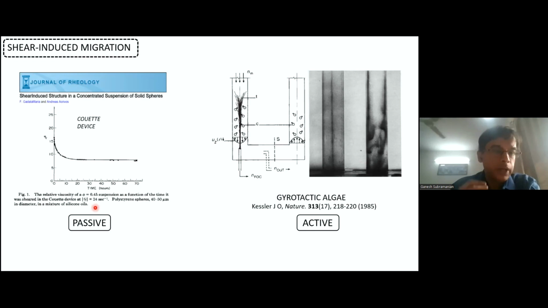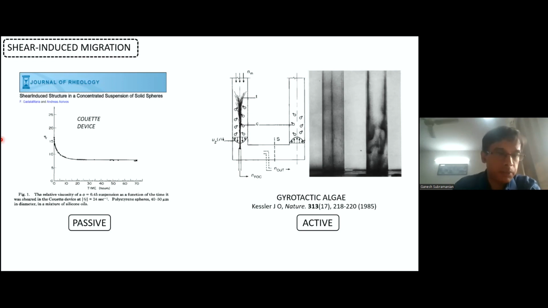And the left-hand side picture is actually even older. It has to do with an experiment done by Andreas Acrivos and his PhD student, Francis Gadala-Maria. And it was published, I think, in the Journal of Rheology in 1980. And it has to do with migration of passive spheres. So shear-induced migration, in fact, has a passive origin and passive suspension mechanics.